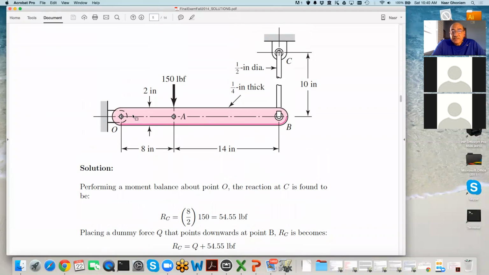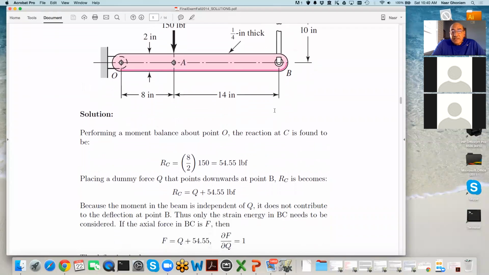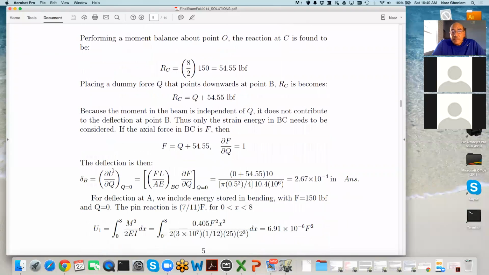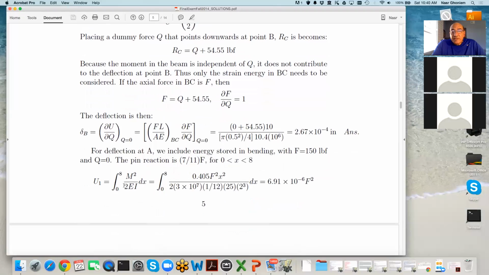So axial, bending, bending. So for the axial, when we take the derivative of the energy with respect to Q, it is FL over AE times dF by dQ. So the product in the bottom is A times E. And when we do the bending, the product in the bottom is E times I. And you have M squared.